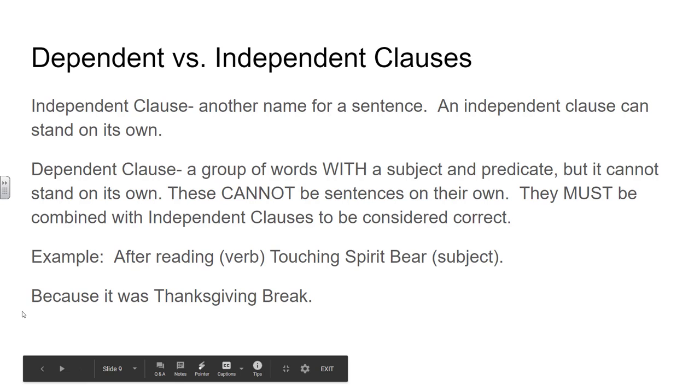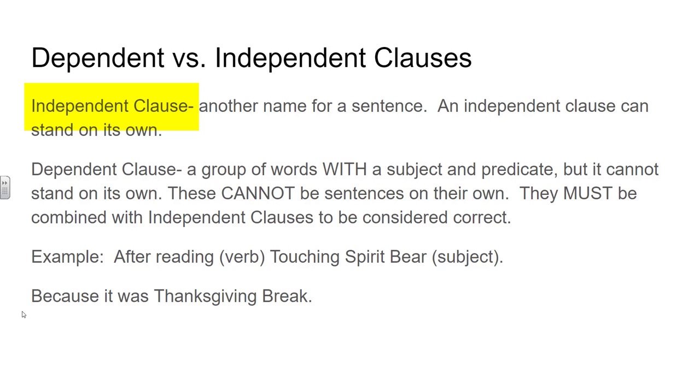Now, really quickly, the difference between a dependent and an independent clause. An independent clause is another name for a sentence. An independent clause can stand on its own. A dependent clause, think of the word dependent. It depends on something else. A dependent clause is a group of words with a subject and a predicate, but it cannot stand on its own.